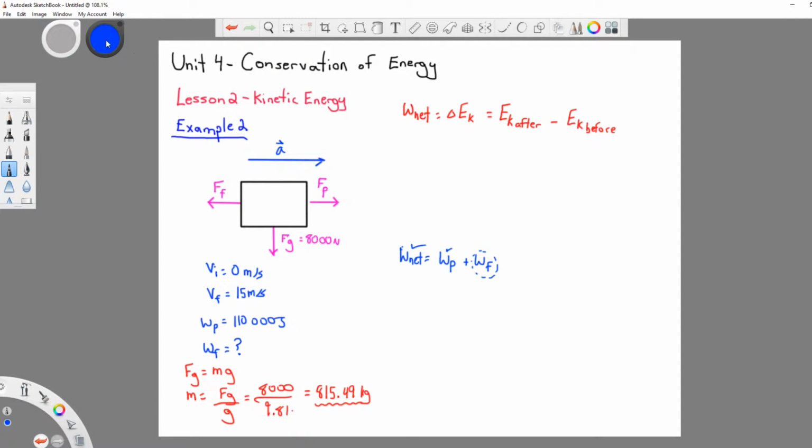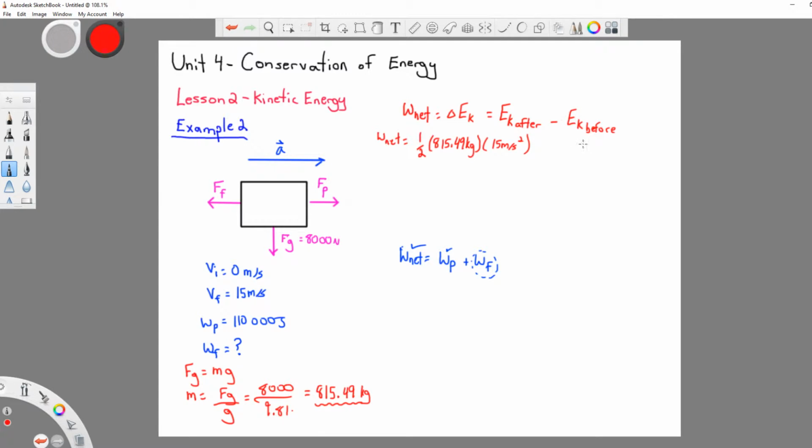Okay. So I'm going to swap back to red and solve this top part, and then we can move down to the bottom. So the net work done on this object is equal to the change in EK, or written out, energy kinetic after. So 1/2 times our mass, which we have down here, 815.49 kilos, times velocity squared, so 15 meters per second squared.